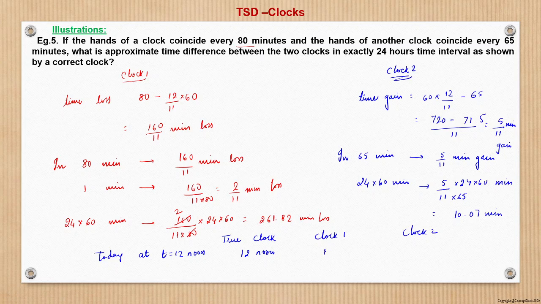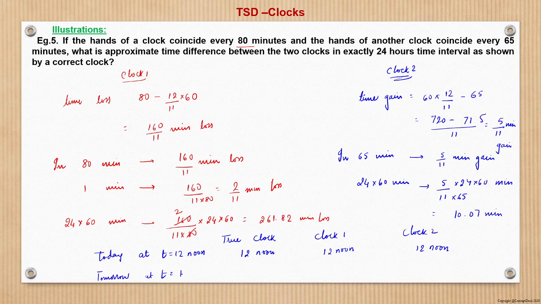Both were set right at this time, so they will also show 12 noon. All were showing the same time.